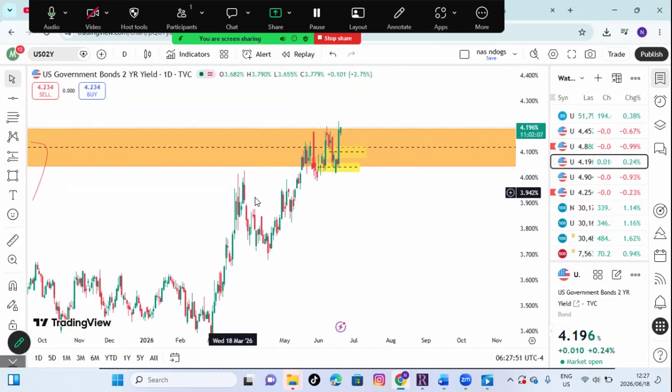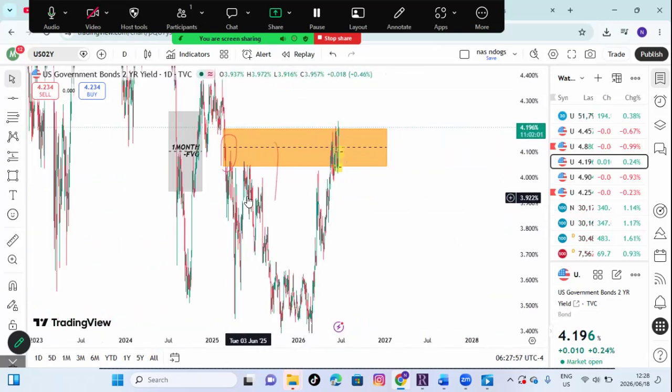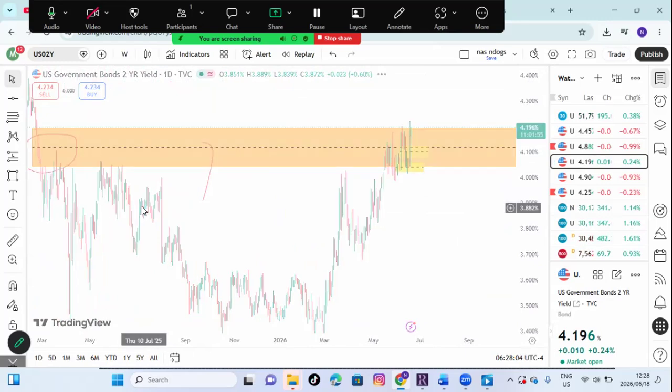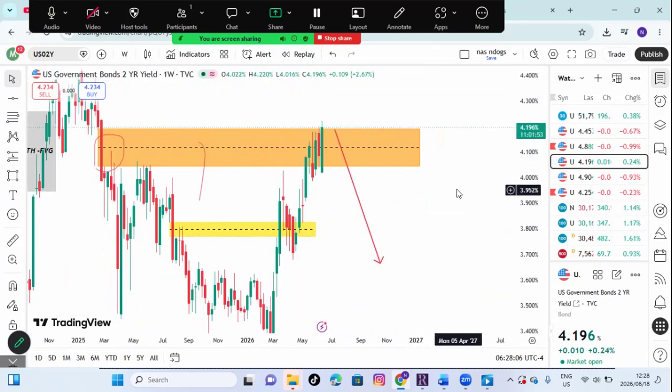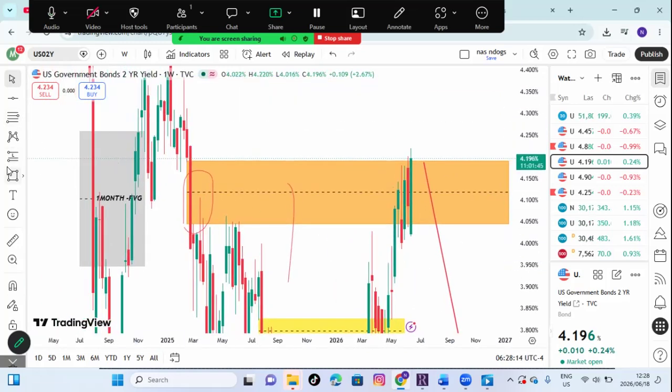And then the one that's decoupled from them is this one, the Y2. But what's nice about this is if you go on the weekly, this is the fair value gap that you are looking at here, right? On the weekly, you're going to notice that there's a small one in here.